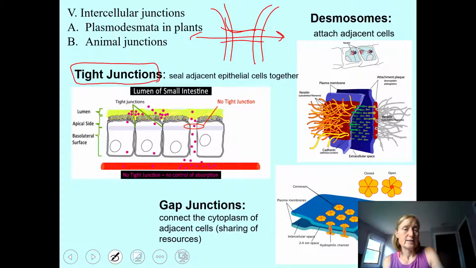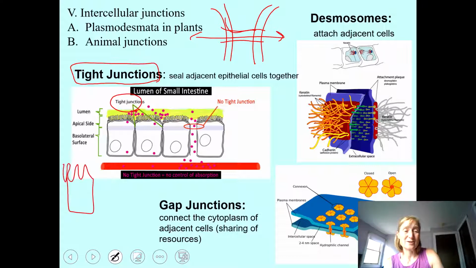So here's a nice example of the tight junction between the cells that line the small intestine. You can probably recognize these cells as having these little projections called villi on top. Those are the cells that interact with the inside of the small intestine, right?